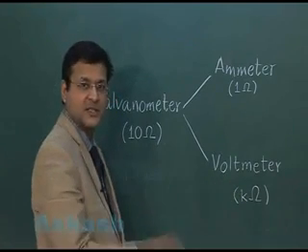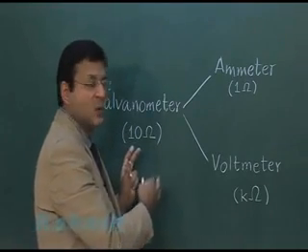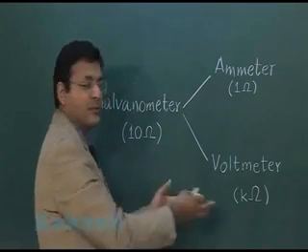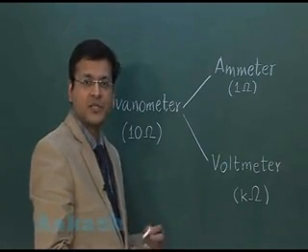So this is the basics, that a galvanometer is the main device which is either converted into ammeter or voltmeter depending on our requirements. You understand?